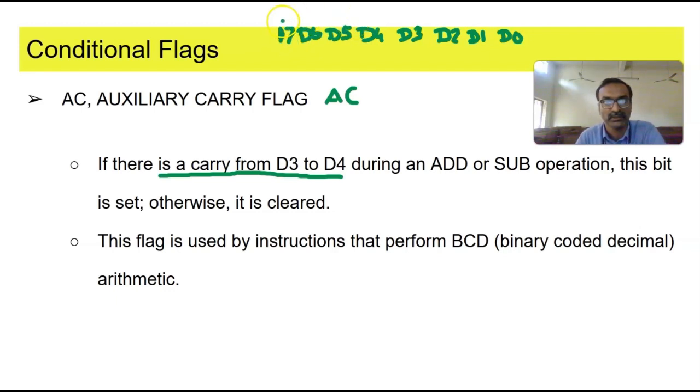So this is 4 bits and this is 4 bits. The auxiliary carry flag is set when there is a carry from D3 to D4. That is the time.